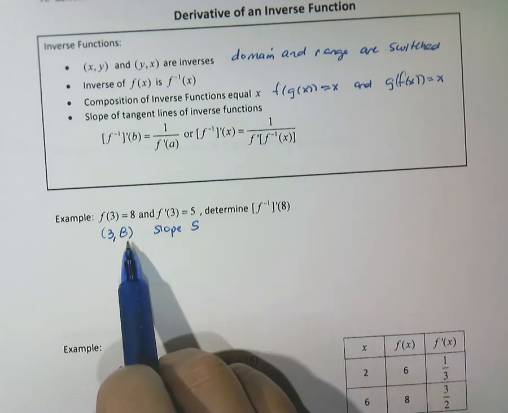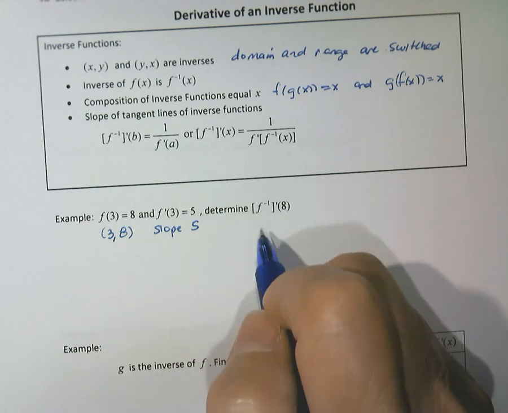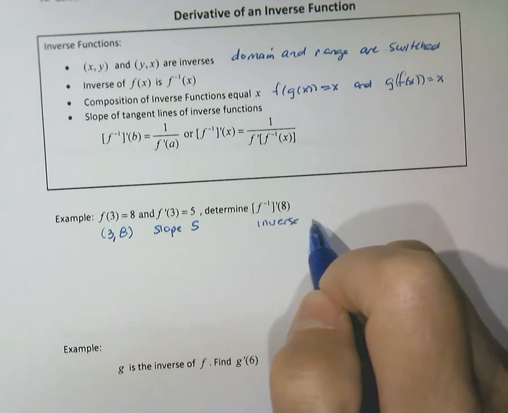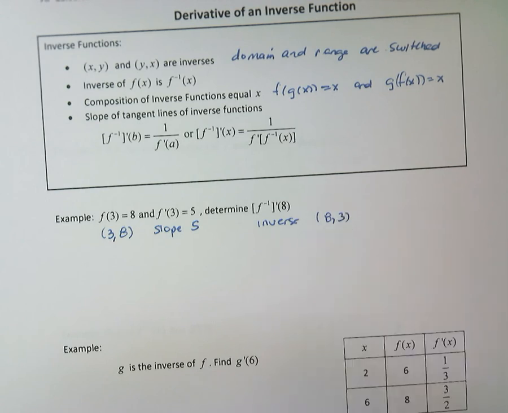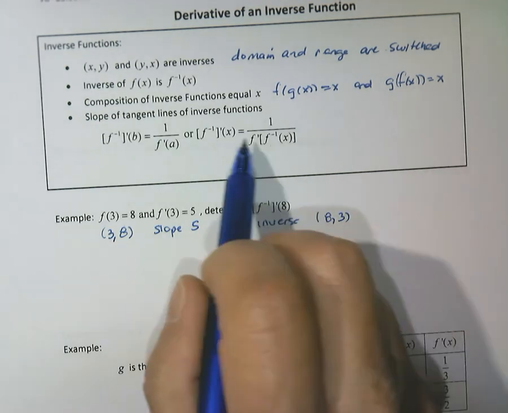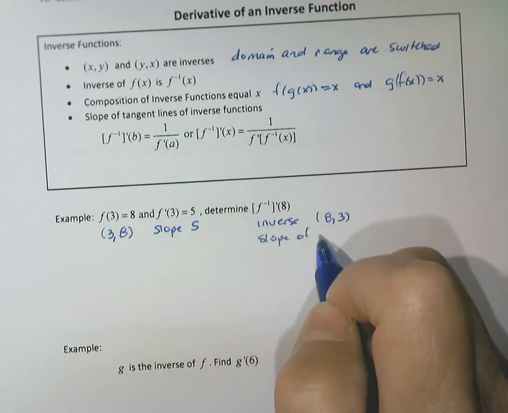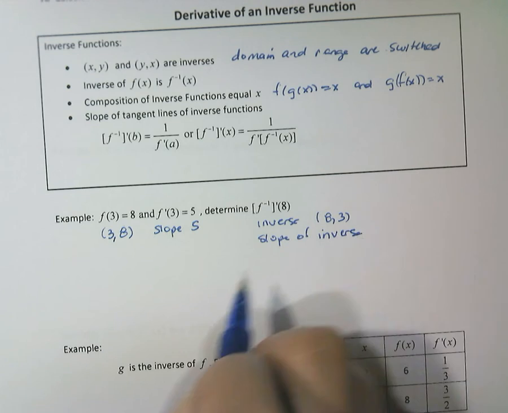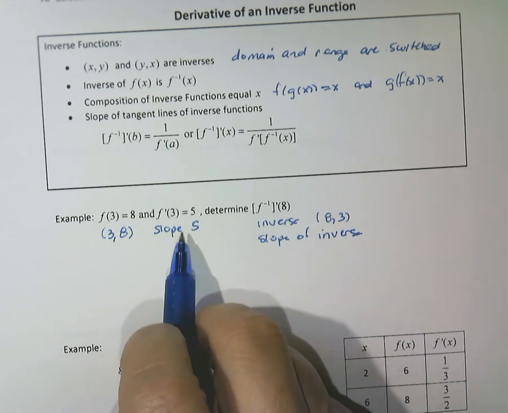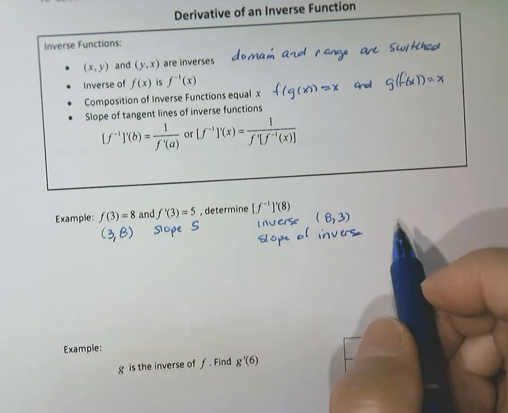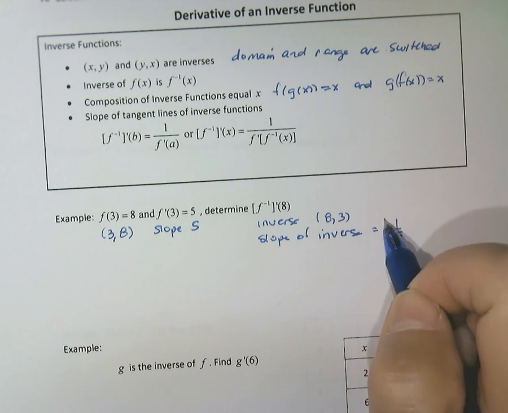So I know if 3, 8 is the point, then the inverse has the point 8, 3. And believe it or not, from this definition, the slope of the inverse is going to be the reciprocal of the slope of the function. So the slope of the inverse is going to be 1 over 5.